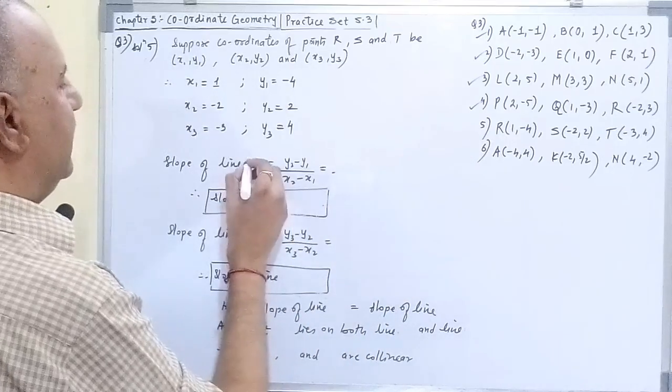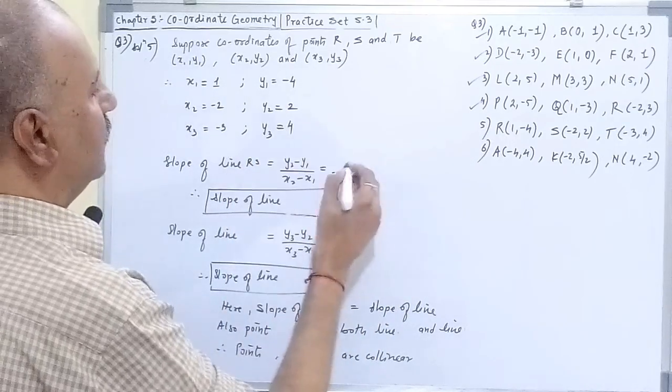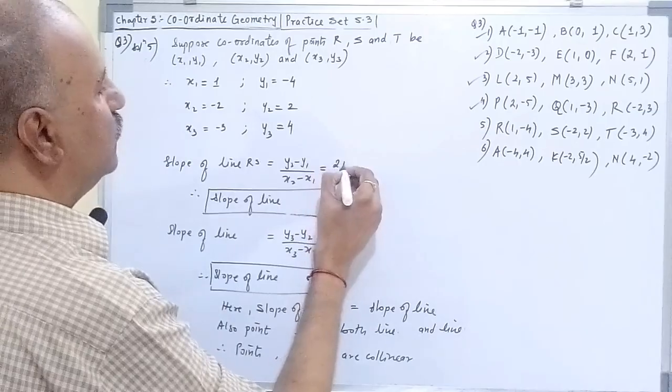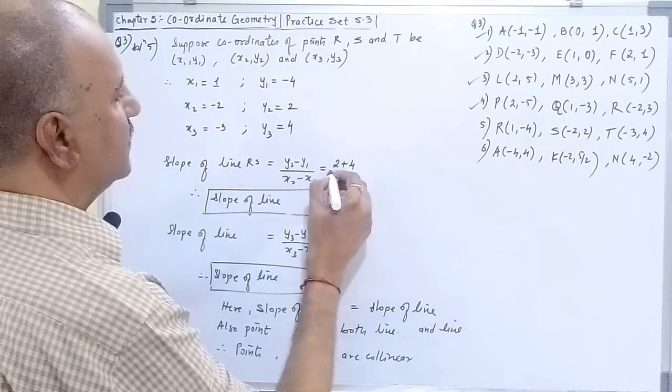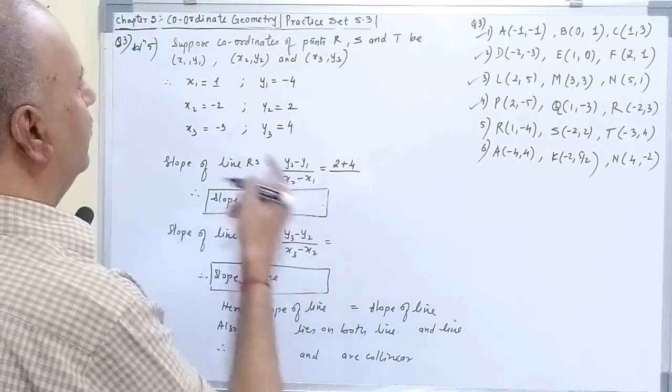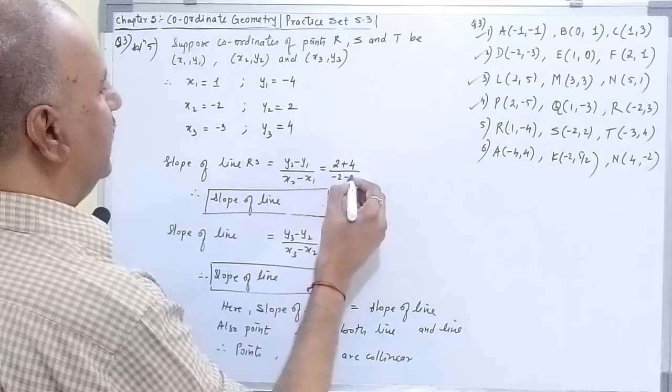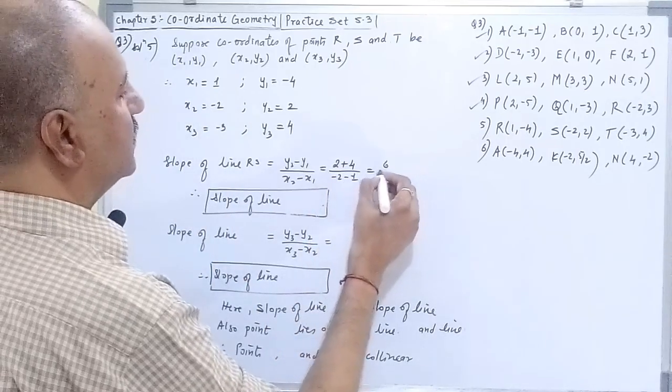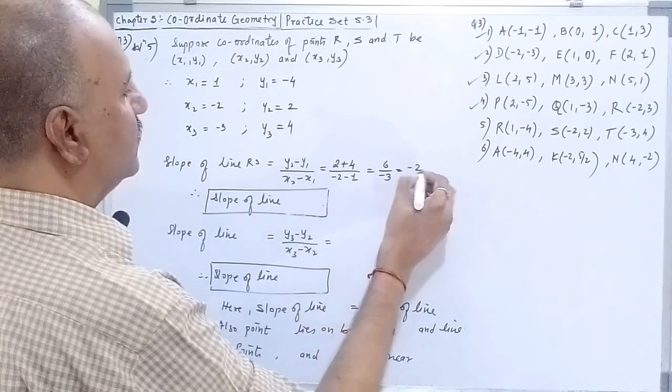So line RS first. y2 is 2 minus of minus plus 4 upon -2 minus 1, so it is 6 upon -3 is -2.